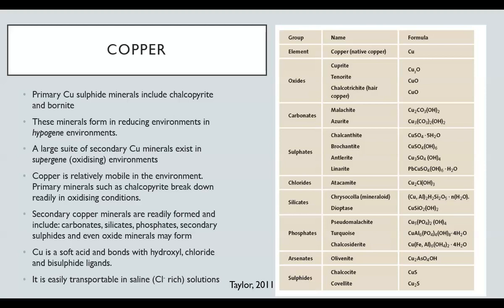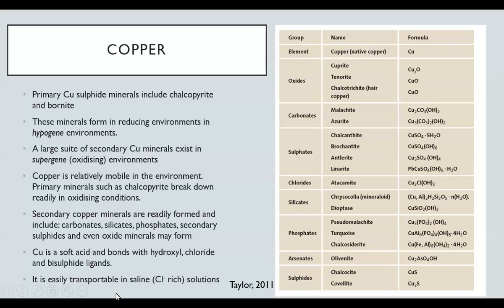So primary copper might be in chalcopyrite, sulfide minerals like bornite, and they're formed in reducing environments, whereas we can get secondary copper mobilized in things like supergene oxidizing environments to form things like chalcocite, covellite systems.